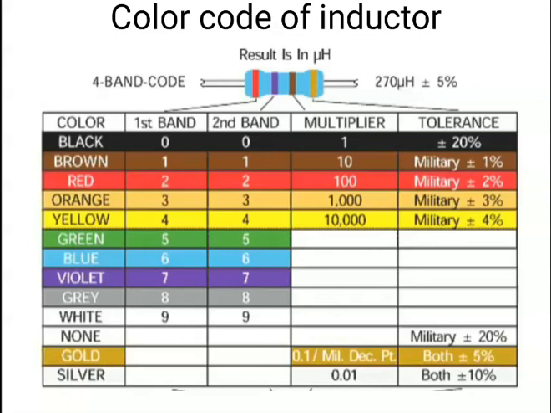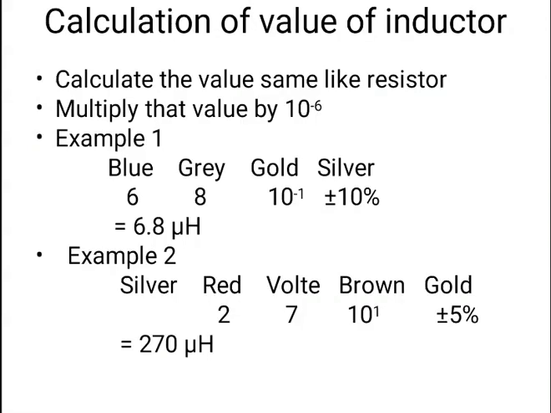What is the number for gold? The multiplier is 0.1, you can see in the chart, that is 10 raised to minus 1. So 68 into 10 raised to minus 1 is 6.8. I told you the only difference is we multiply by 10 raised to minus 6, so 6.8 into 10 raised to minus 6 becomes micro. So 6.8 microhenry is the value of the inductor if the bands are blue, gray, and gold.